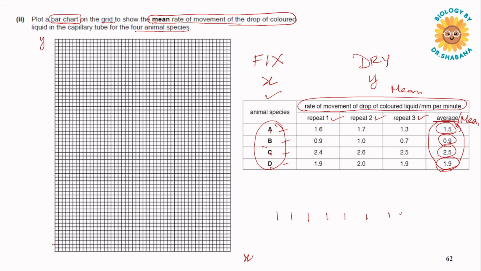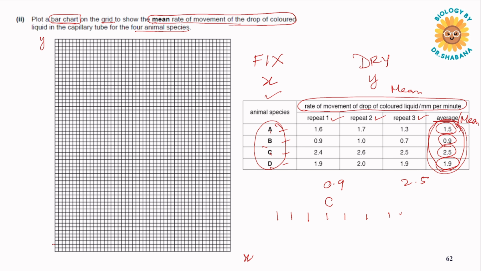Now again, on the y-axis, how do I make a scale? Remember, the scale has to be covering more than 50% but not go beyond the grid. So it has to be between 50 and 100% of the grid. So the lowest number here is 0.9 and the highest number is 2.5.